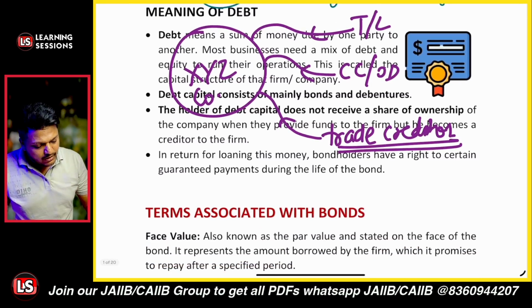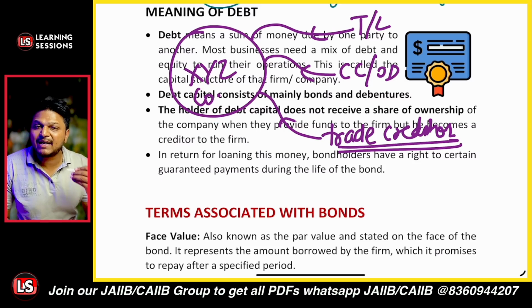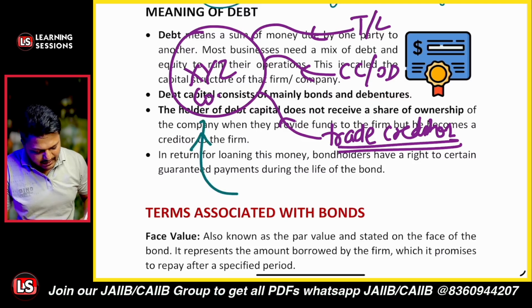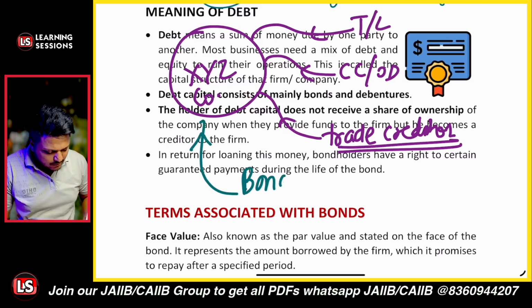And it may also be the case that they have issued bonds and debentures. Bonds and debentures also acknowledge that they have taken the debt, so they may take debt through issuing bonds or debentures.